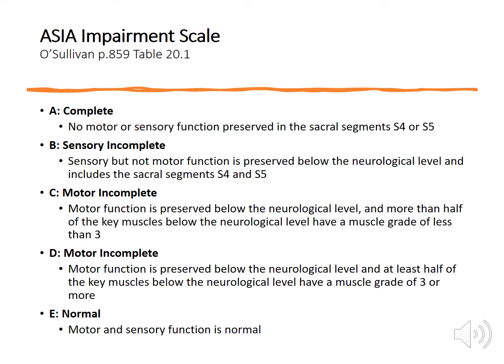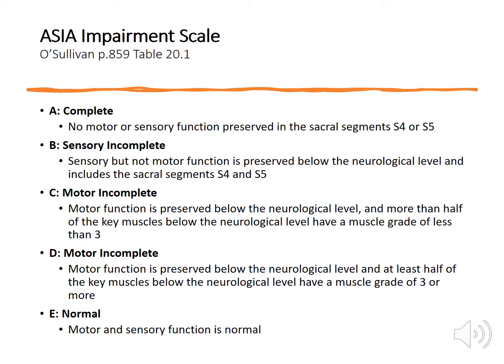Then we have motor incomplete, which is C. So now let's talk about that same example that we've been talking about. Now, motor function is preserved below the neurological level, and more than half of the key muscles below the neurological level have a muscle grade of less than 3. So with that same example, the biceps is a 3 out of 5, everything above it is a 5 out of 5, but the wrist extensors are a 2 plus out of 5, the psoas is a 2 minus out of 5.